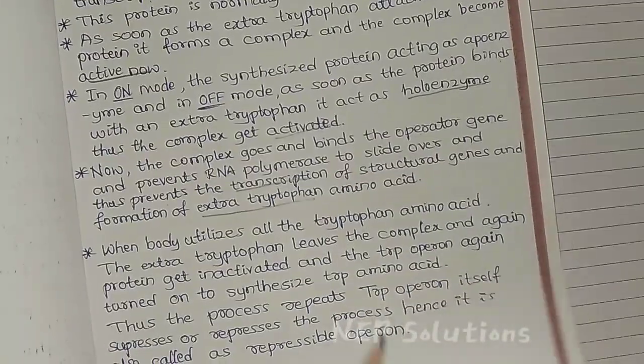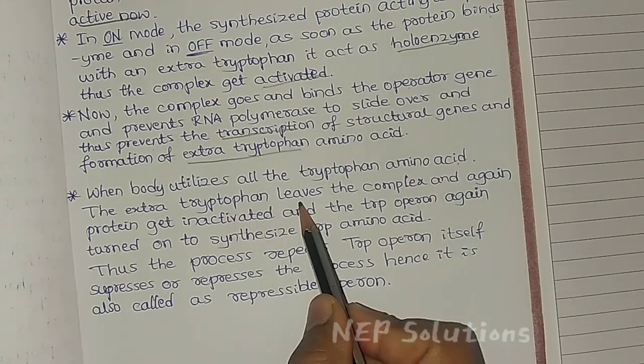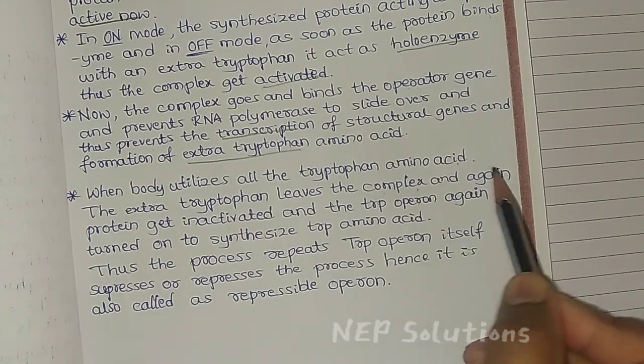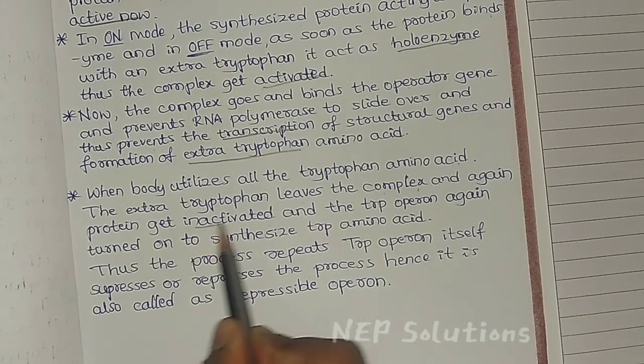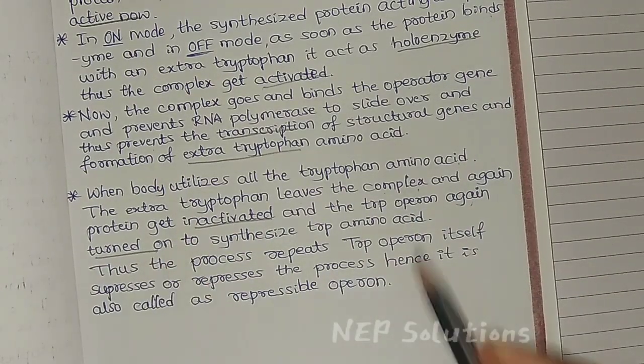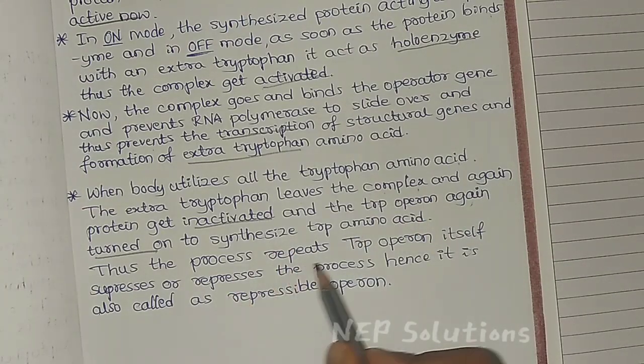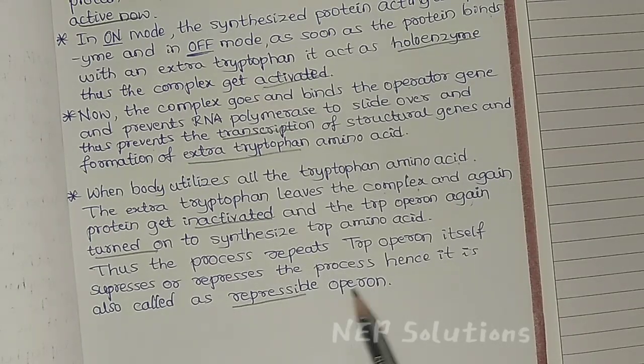When the body utilizes all the tryptophan, the extra tryptophan leaves the complex, and again the protein gets inactivated and the TRP operon is again turned on to synthesize tryptophan. Thus the process repeats. The TRP operon itself suppresses or represses the process, hence it is also called a repressible operon.